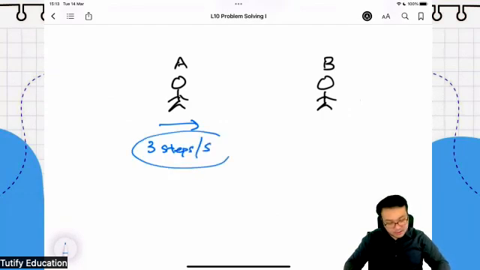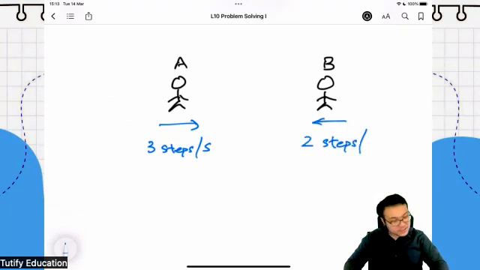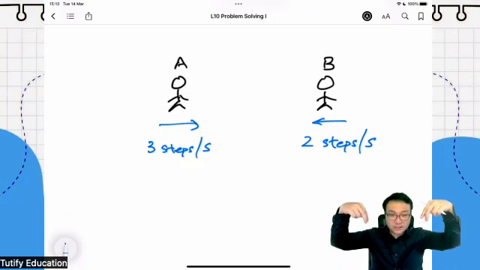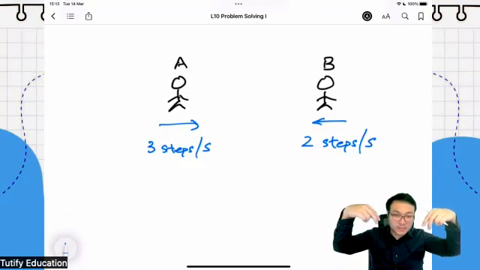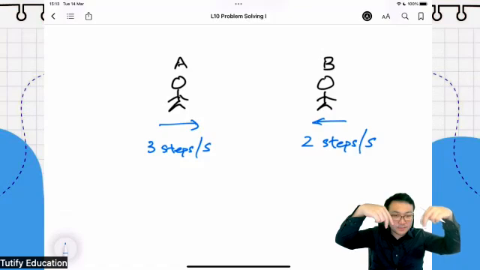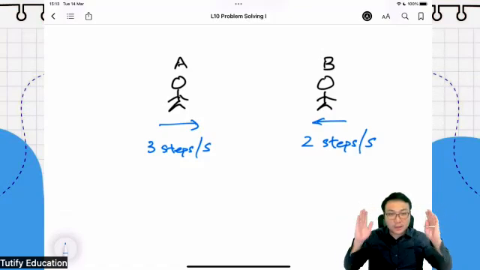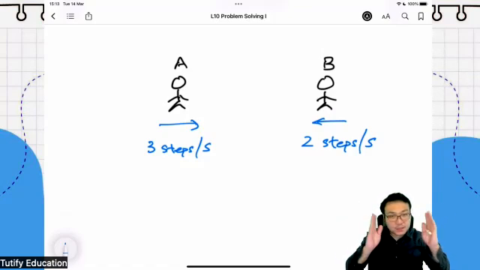That means person A can travel 3 steps in 1 second, right? Then the other guy can walk 2 steps per second. So let me ask you, if I give them 1 second, and they walk towards each other, person A is walking 3 steps, person B is walking 2 steps. How many steps are they going to walk all together?